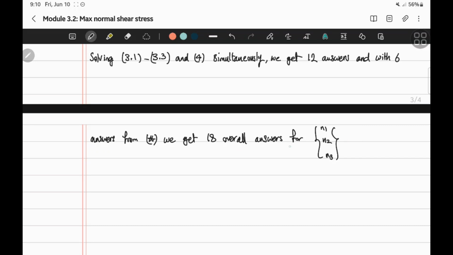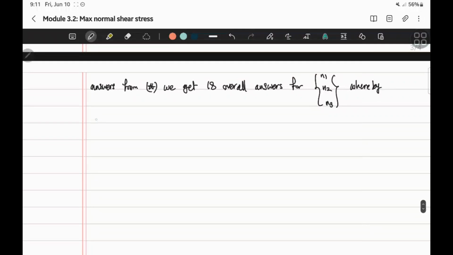So we get 18 overall answers, and by removing repeated directions or answers, we get 9 directions or principal directions where the shear stress is either maximum or minimum.